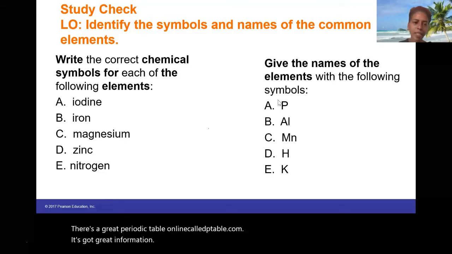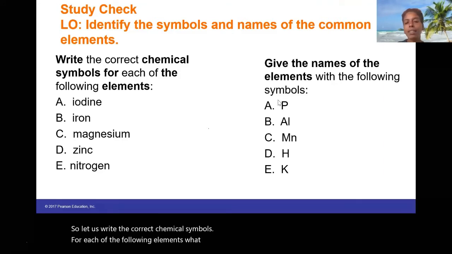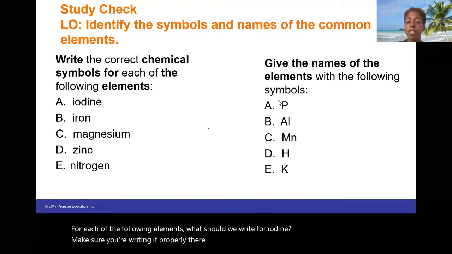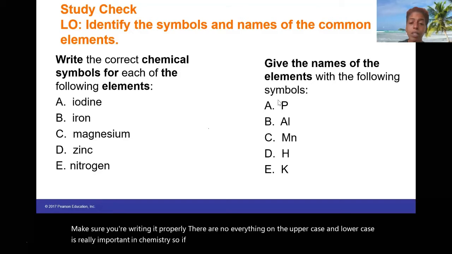So let us write the correct chemical symbols for each of the following elements. What should we write for iodine? Make sure you're writing it properly. The uppercase and lowercase is really important in chemistry. So if you put lowercase i, you will be marked incorrectly on an exam.